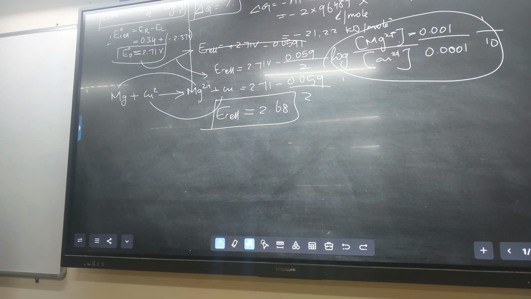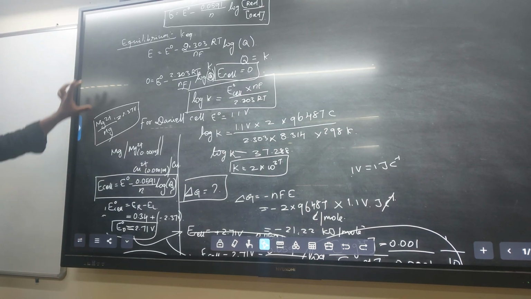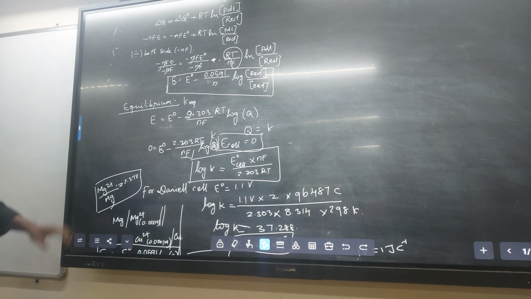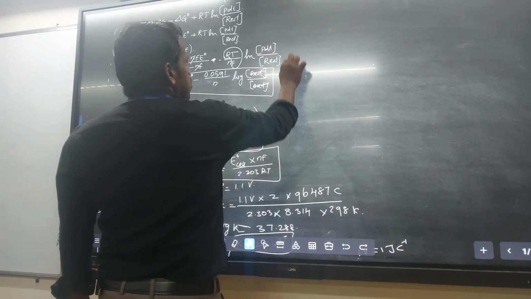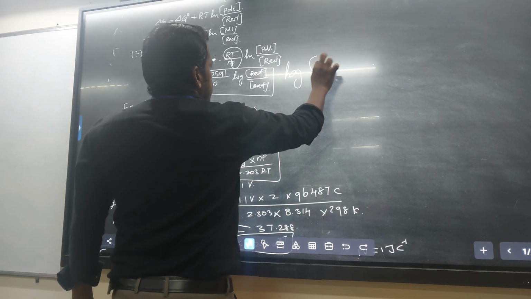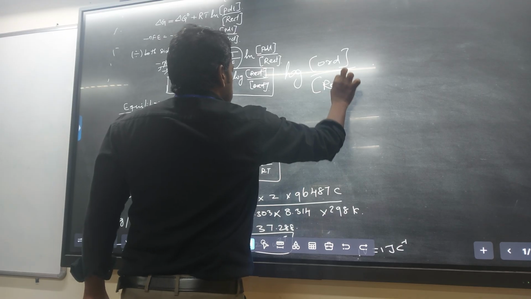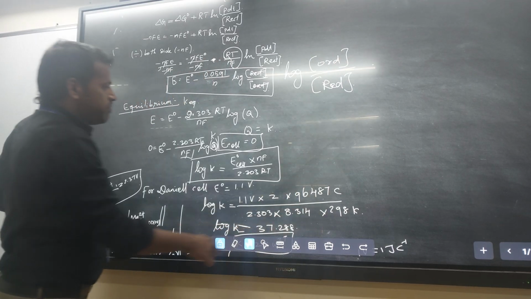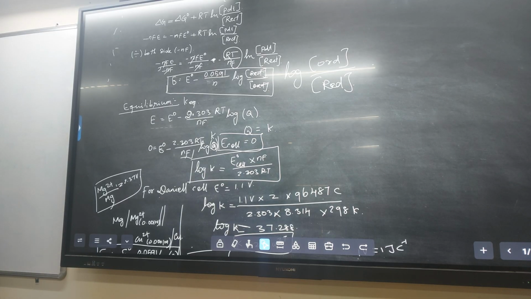Zinc is oxidized, copper 2 plus is reduced. Log of oxidation by reduction, then only we get the answer. Okay, sorry, oxidation by reduction.